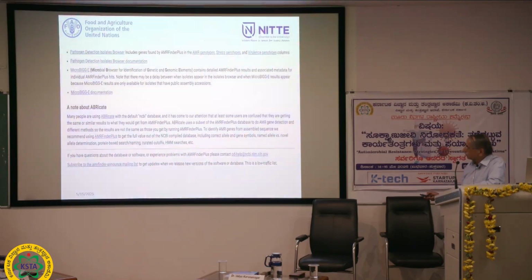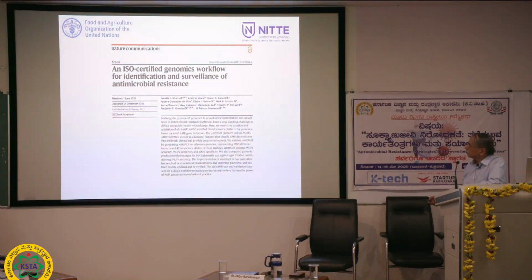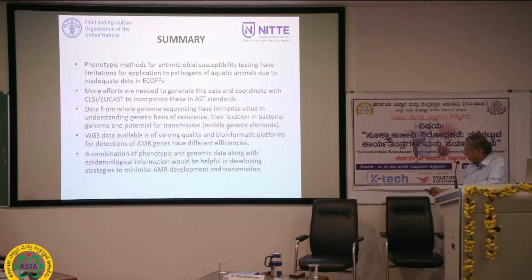So some people are trying to work out the genomics workflow for these identifications. This is one attempt to develop an ISO certified genomic workflow. But of course people can develop alternatives also. It's not that only this methodology has to be used.